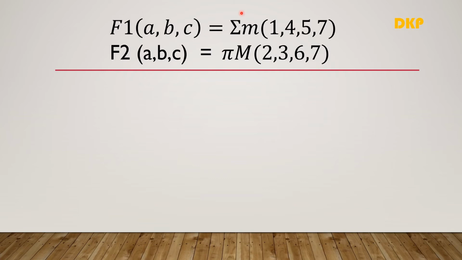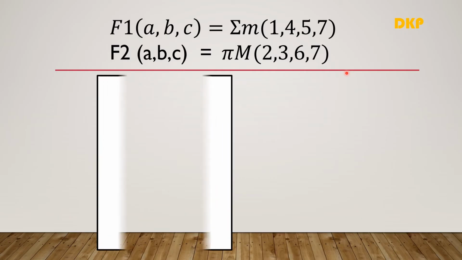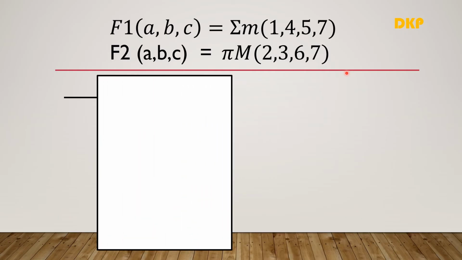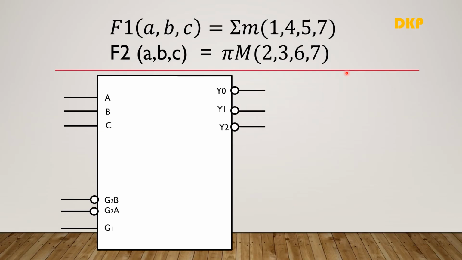Now you have to implement these expressions, F1 of ABC is equal to summation M 1457 and F2 of ABC is equal to pi M 2367, using 74138 decoder and gates. So the 74138 decoder has 3 enable inputs G2B, G2A and G1 and it has 8 outputs Y0, Y1, Y2, Y3, Y4, Y5, Y6 and Y7.